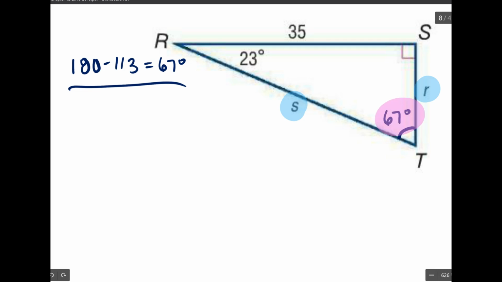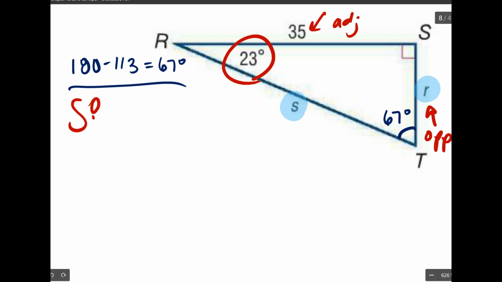According to 67 degrees, R is my adjacent and 35 is my opposite. If I use 23, it would be totally different. Let's use 23. 35 is now my adjacent, and R is my opposite.